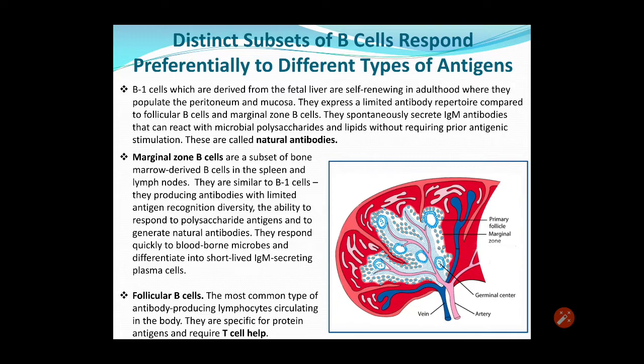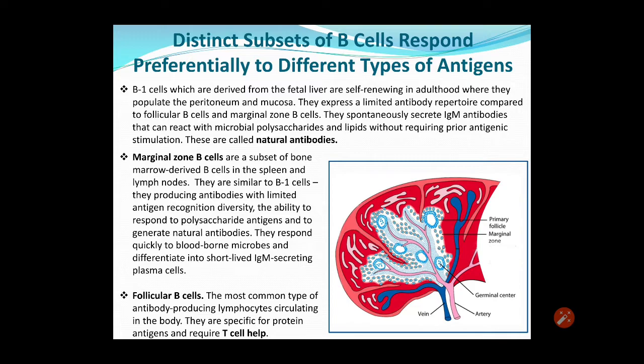Similar to the B1 cells in the liver, within the spleen and lymph nodes, in this region here, these are called marginal zone B cells, and they also make these broad specificity antibodies. So they are more like innate type B cell responses.